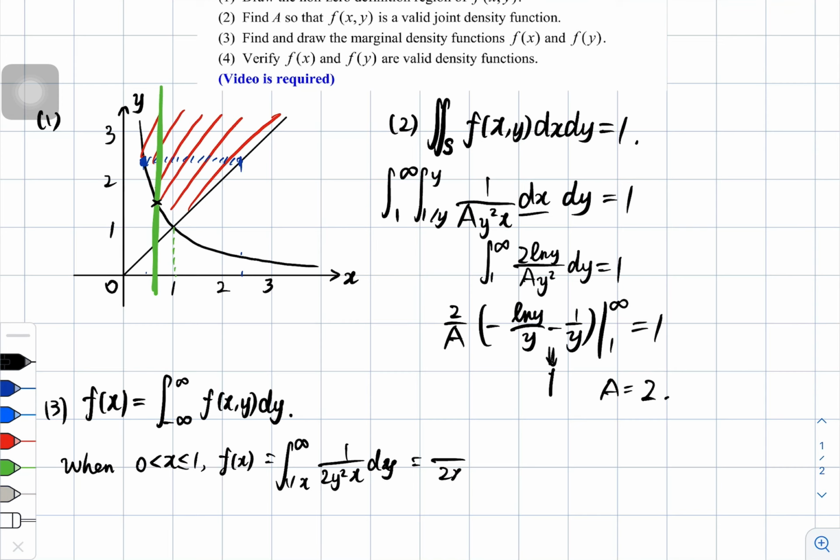So we take this out, and the answer is 1 over 2.